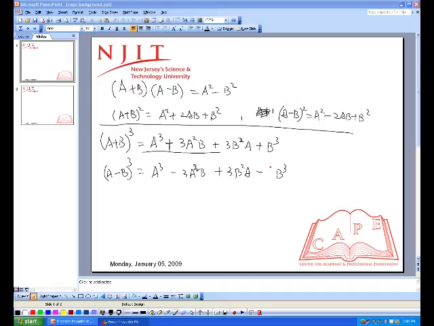Now, how do we do this? Well, I'll give you an example. If you do a minus b cubed, let's do x minus 4 cubed. Okay, this will be the first term cubed, so x cubed. Let's do the last term also. The last term cubed is 4 cubed, which is 64.